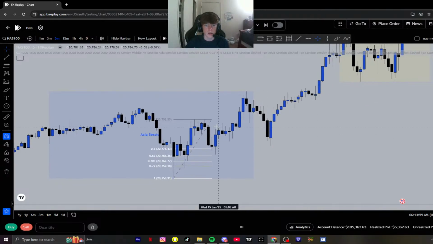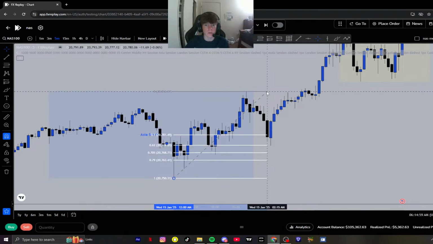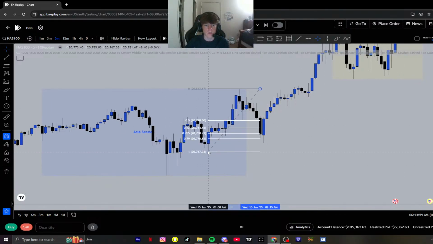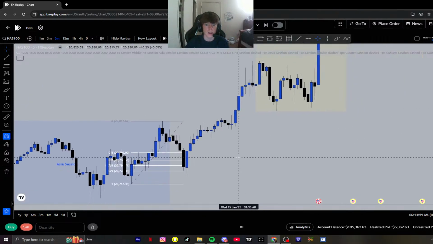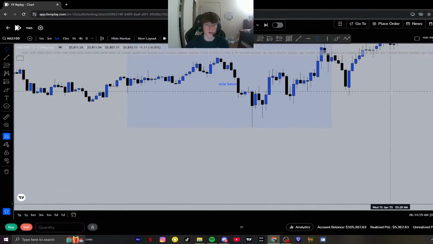So again, for this one, if you draw it from this obvious low to this obvious high, price taps into equilibrium again, and then continues to go higher. Price taps into equilibrium again, and then goes higher again. It goes into equilibrium a lot.